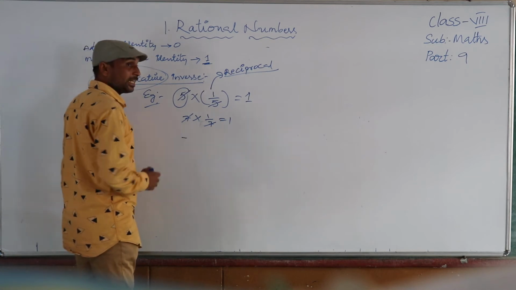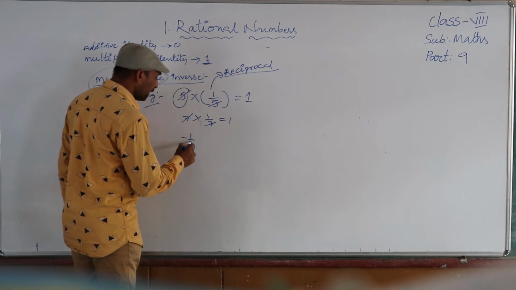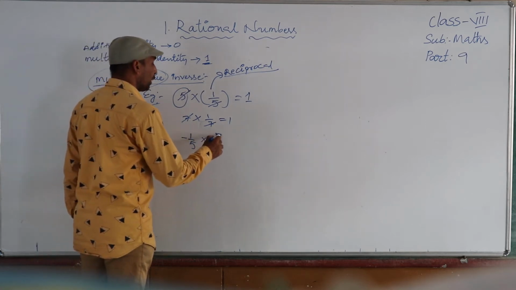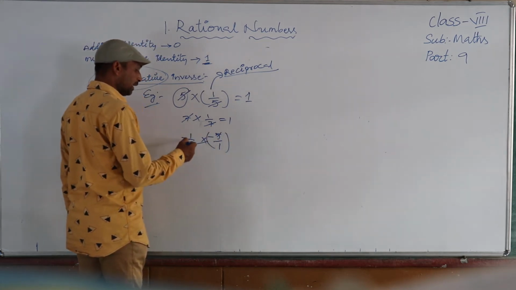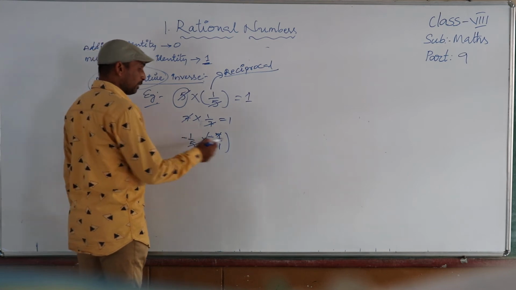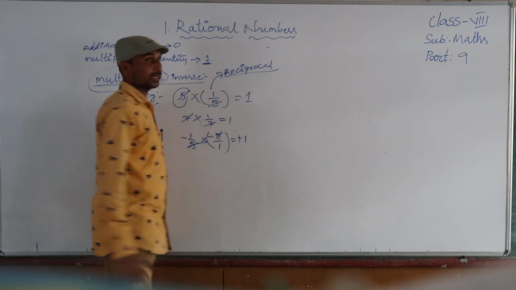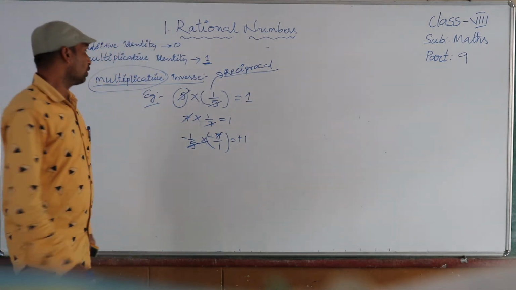Suppose we take minus 1 by 5, then what should we take? Minus 5 by 1. Because minus into minus is plus, we get 5 cancel, then answer 1. So here we have to take reciprocals.